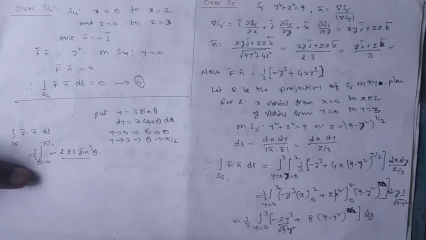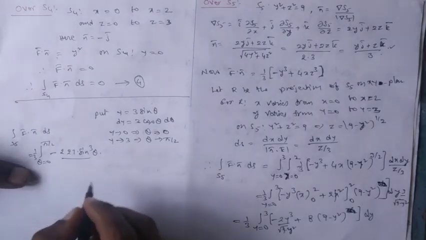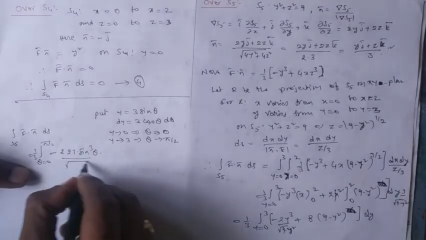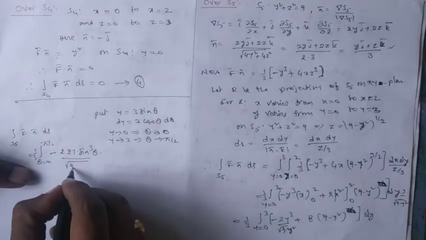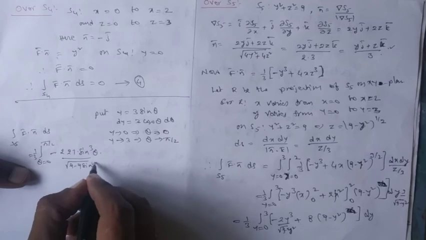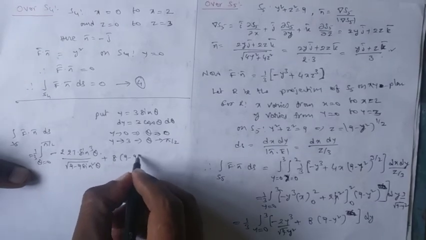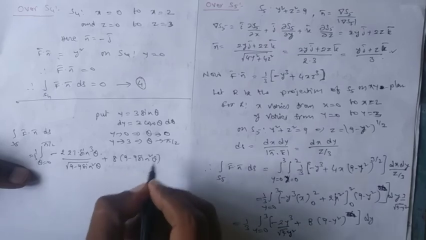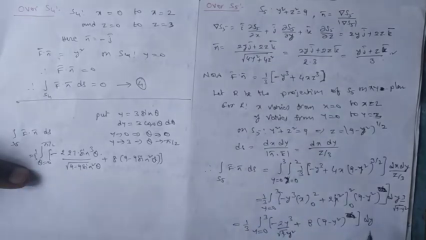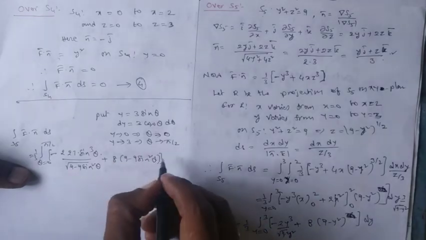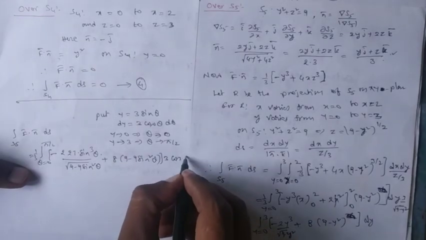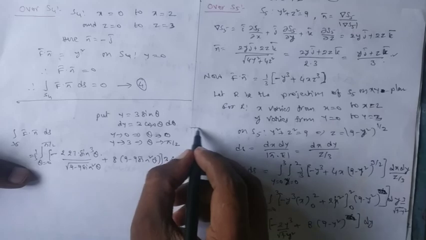Sorry for that, it is square root of 9 minus 9 sin square theta plus 8 into (9 minus 9 sin square theta) whole, into dy, which becomes 3 cos theta d theta.